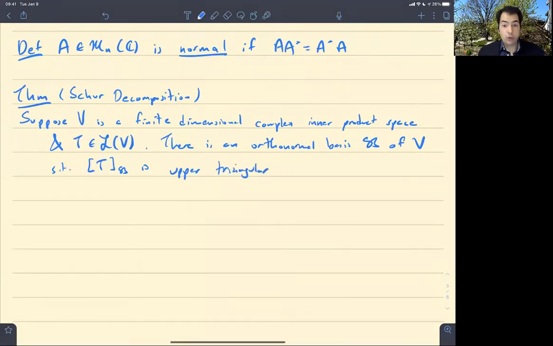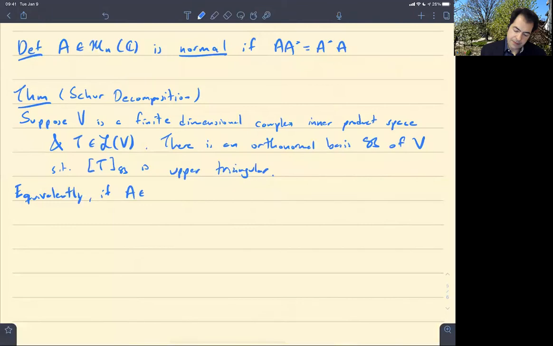Okay, so you could say we already know this. We know that every linear map over the complex numbers is associated to an upper triangular matrix. That's true. What's new here is that it's an orthonormal basis, right? So you can triangularize your map using an orthonormal basis. So of course, there's also a statement for matrices.